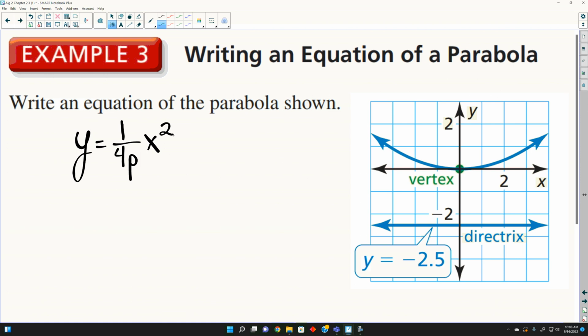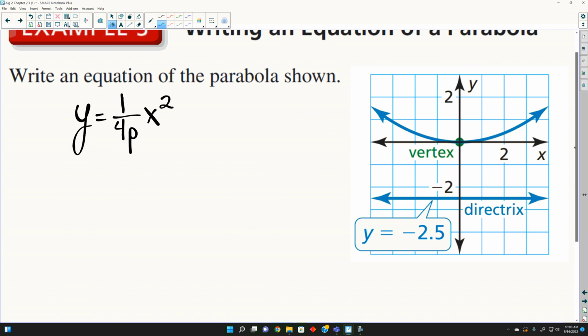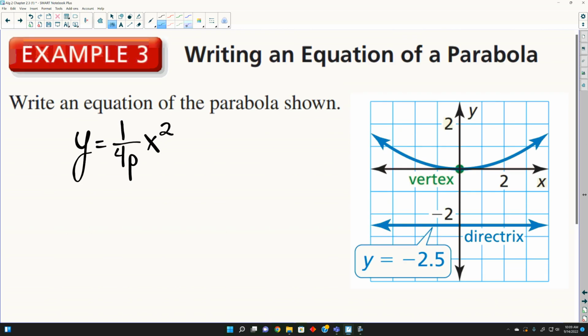They kind of gave it to us. It told us which one we'll be using. And the general form of the directrix is y is equal to negative p, yes?